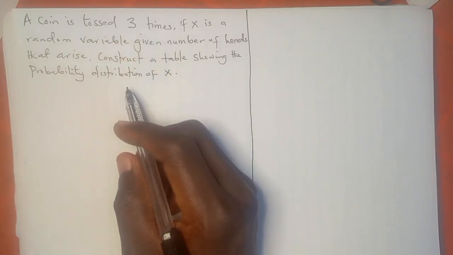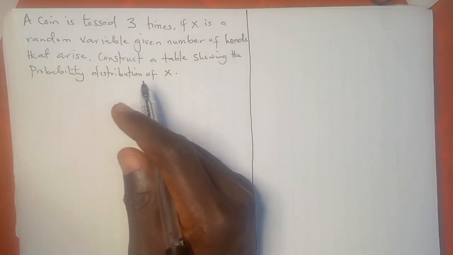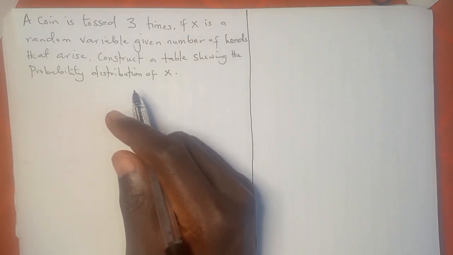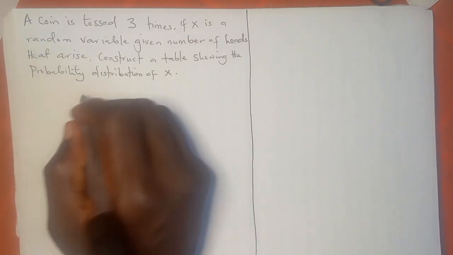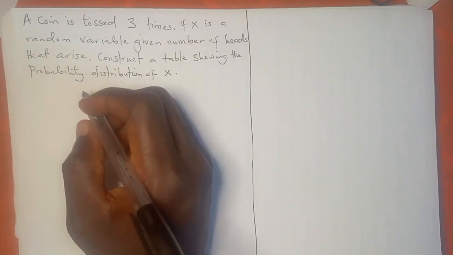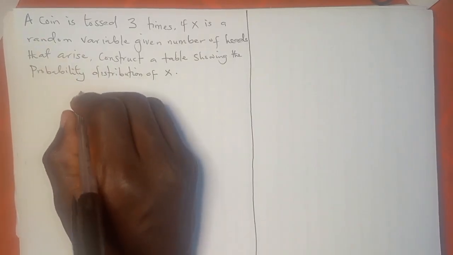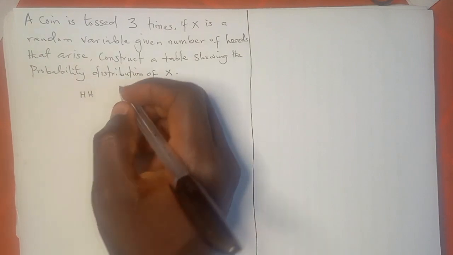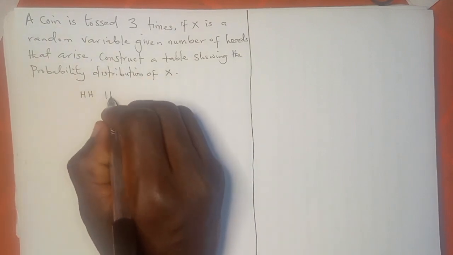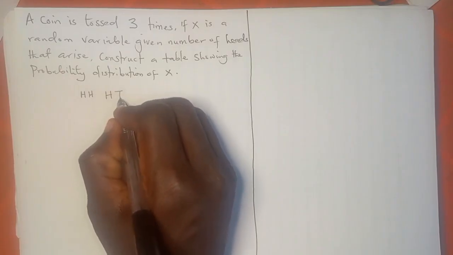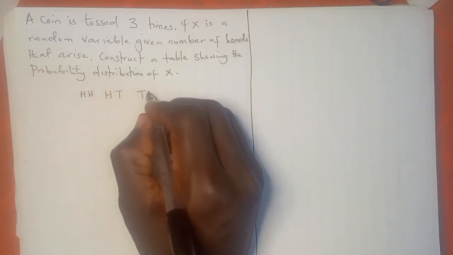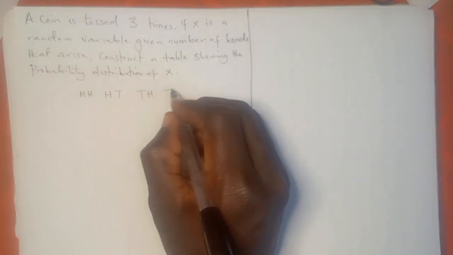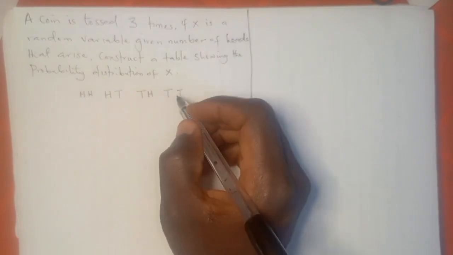Now, a coin is tossed 3 times. So, first of all, we need to generate the sample space of tossing a coin 3 times. This is the sample space of tossing a coin 2 times: head, head; head, tail; tail, head; tail, tail.